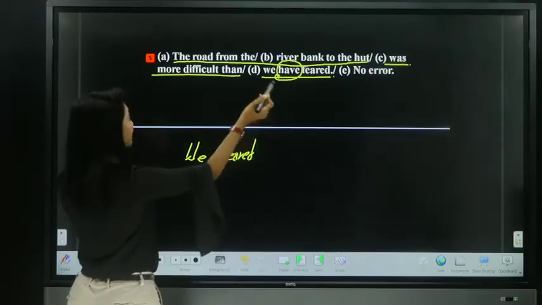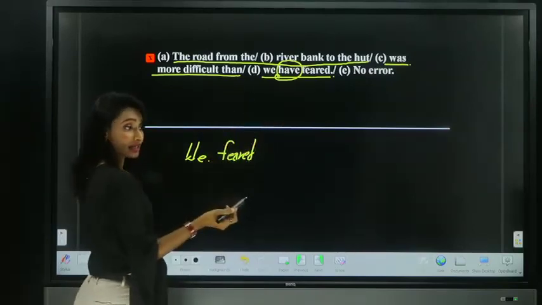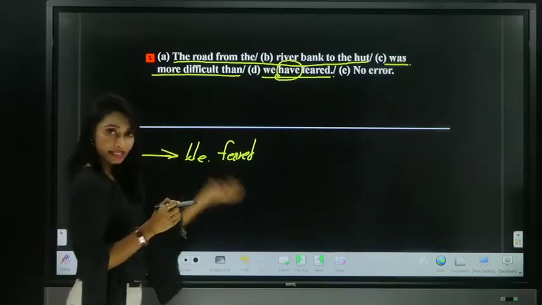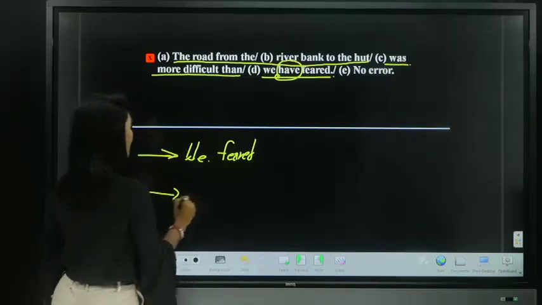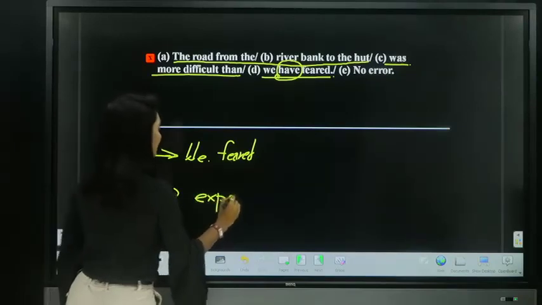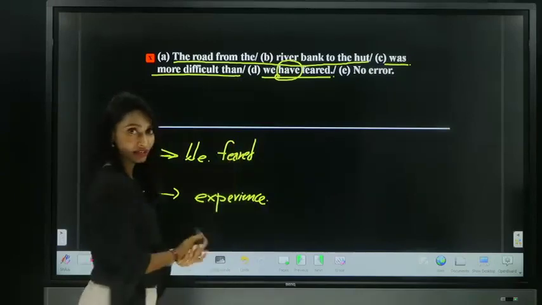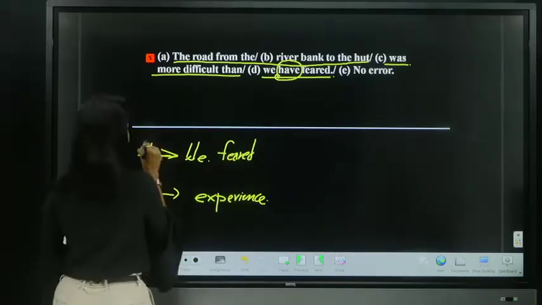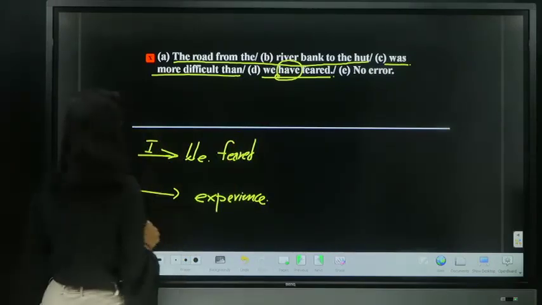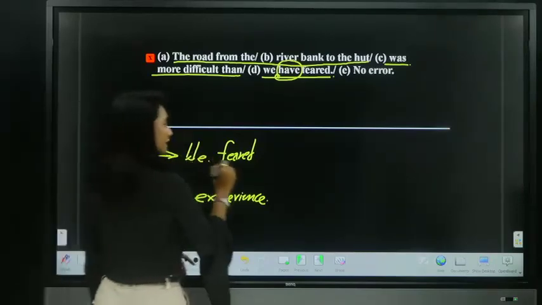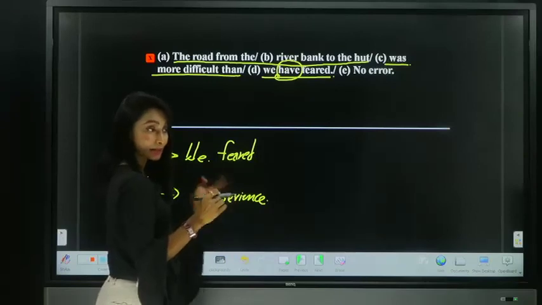So we had some expectation, and now we have some experience. The experience is was more difficult. This is first action, our expectation. Second action is our experience. So both are in past, but past of past.